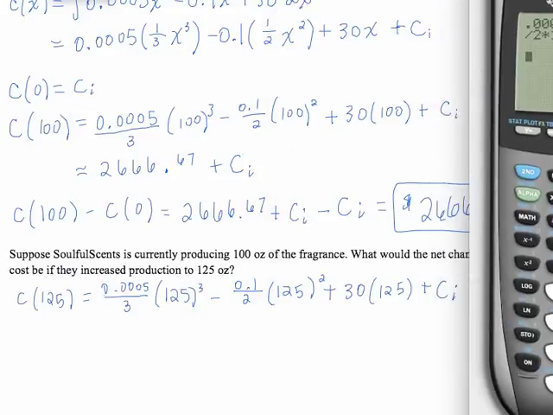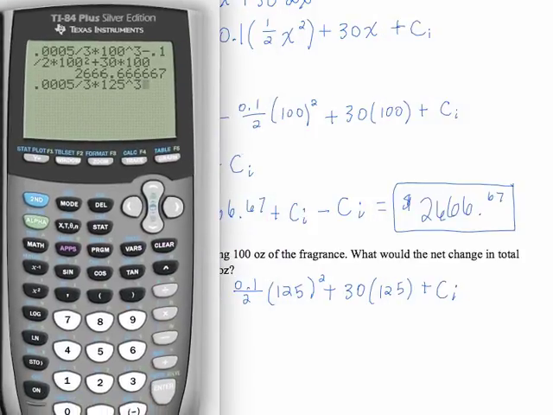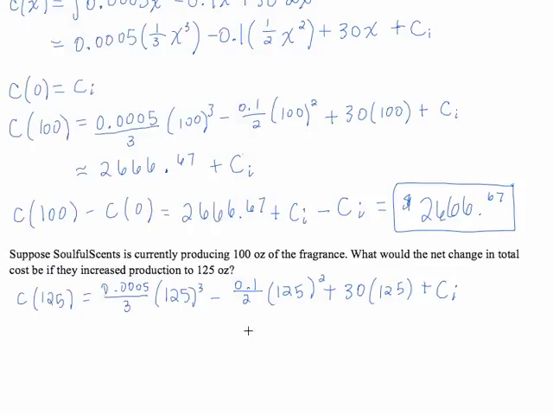Again, we'll need a calculator to approximate that. Okay, so my first term was 0.0005 over 3 times 125 cubed minus 0.1 over 2 times 125 squared plus 30 times 125, which comes to 4074.27.